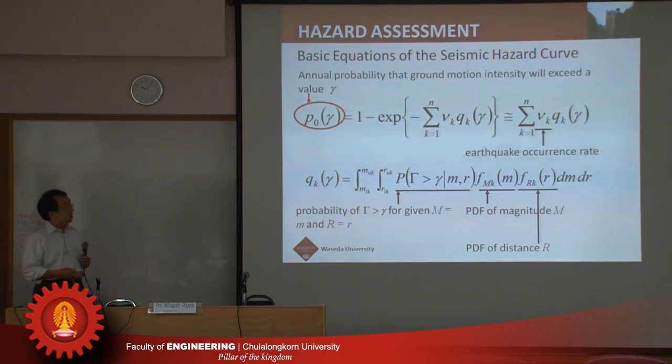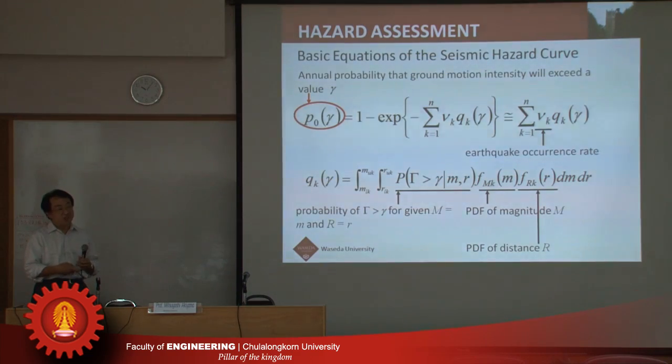These are typical and conventional equations used in probabilistic seismic hazard assessment. The probability density function of magnitude of earthquake, the probability density function of distance from seismic source, and the attenuation law are used in these equations.